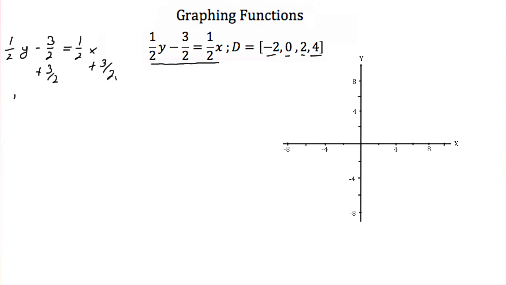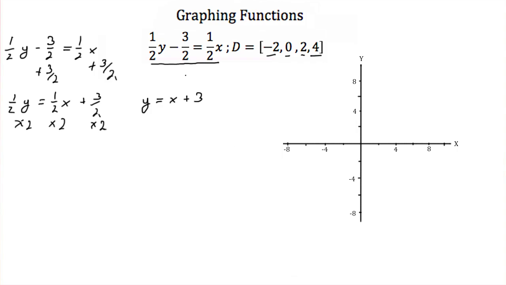So we end up with 1/2 y is equal to 1/2 x plus 3/2. And then to get the y by itself, we're going to multiply both sides by 2, and we'll end up with y is equal to x plus 3.